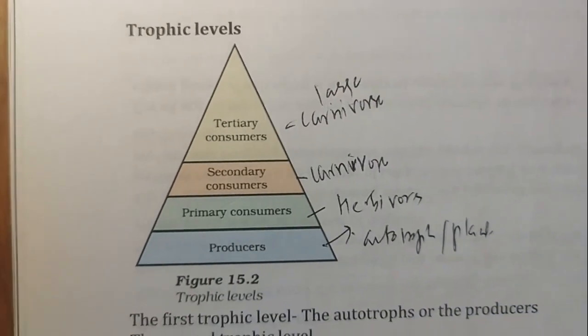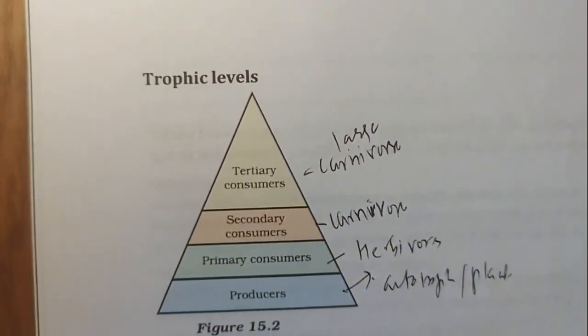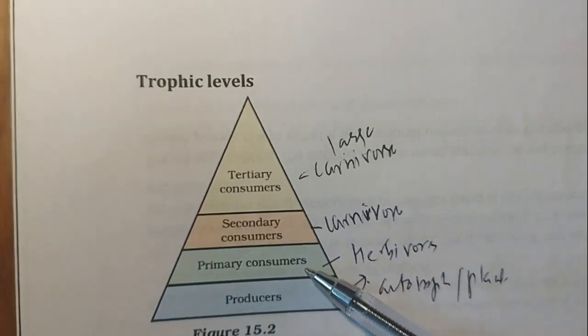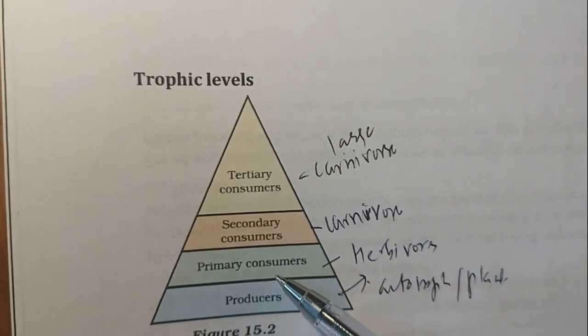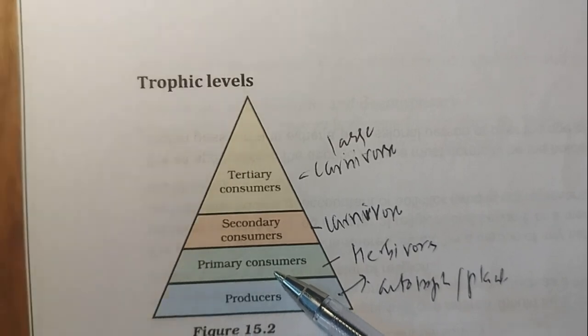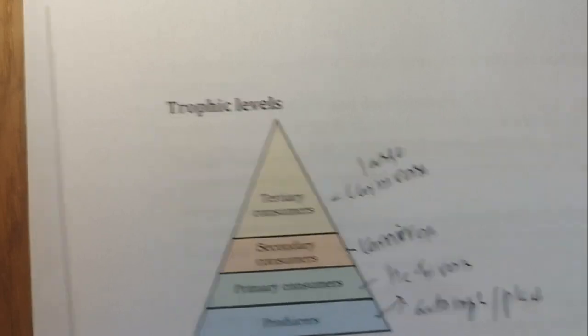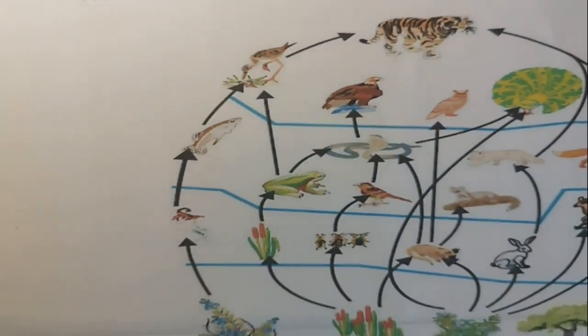The length and the complexity of food chains vary greatly. Each organism is generally eaten by two or more other kinds of organisms, which in turn are eaten by several other organisms. So instead of a straight line, we actually have a food chain that looks like this.